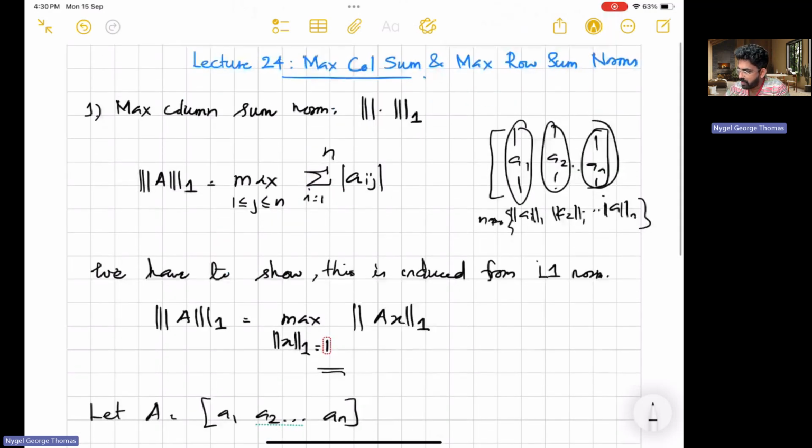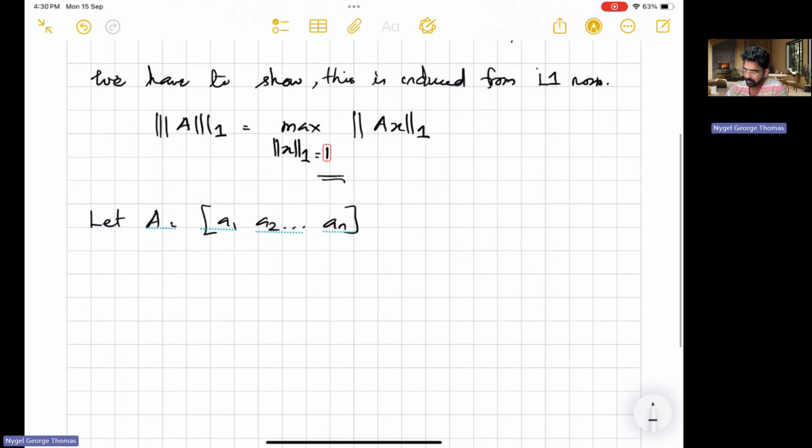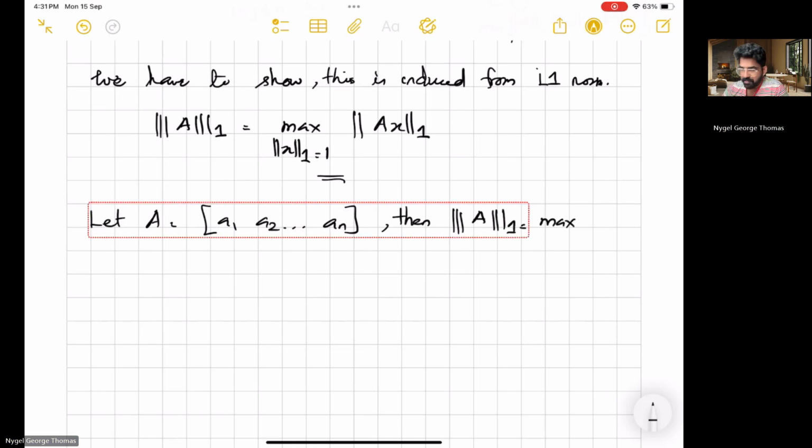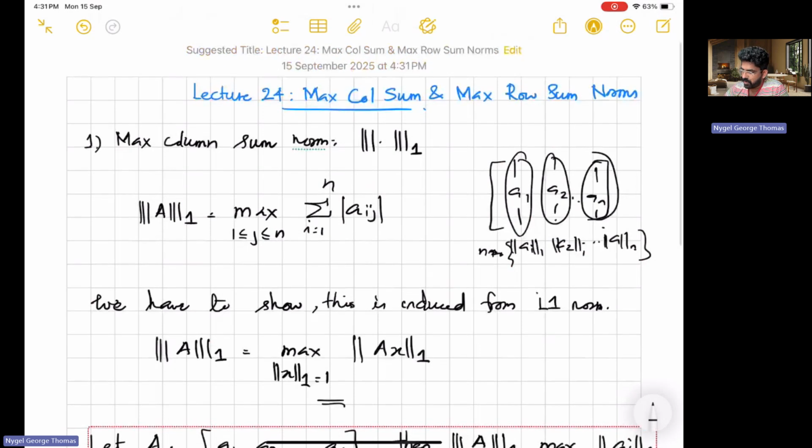This is like what we have seen here, n column vectors stacked together, right? Then by definition, this is the max over 1 less than or equal to i less than or equal to n of the L1 norm of ai. This is clear. This is by the definition we have seen here.